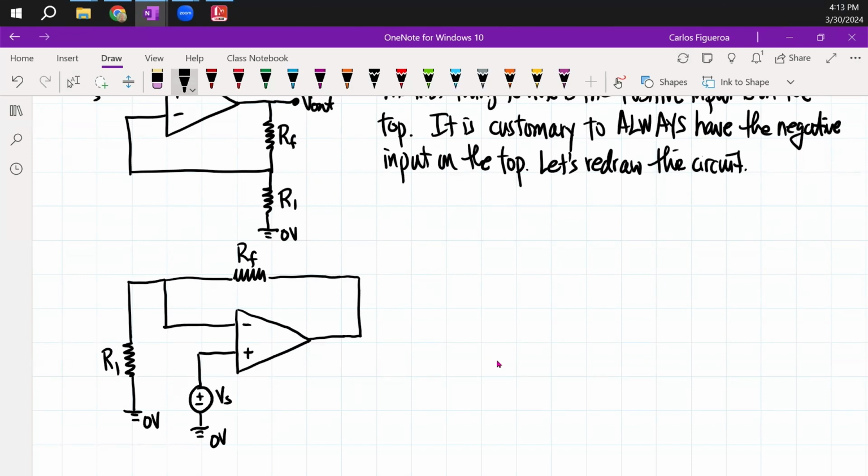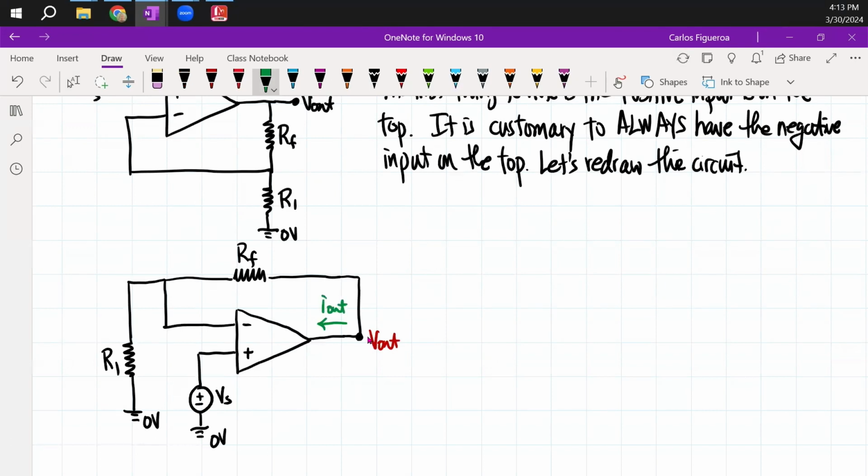So what we want to calculate is V out and I out. Let me identify them. This node right here, let's call this V out. And I'm going to say that this current right here is going to be I out.